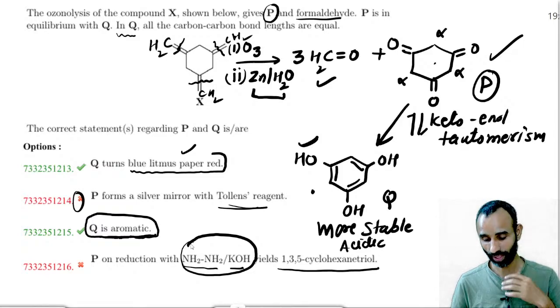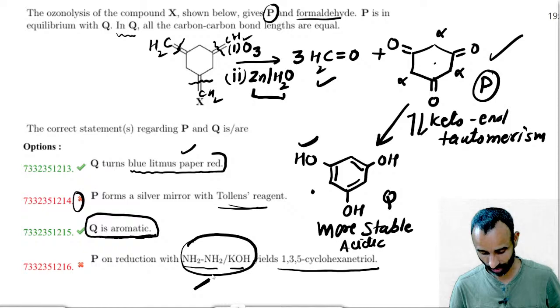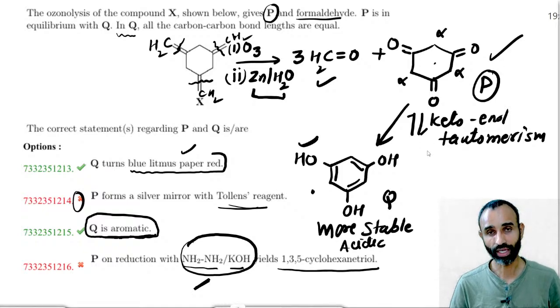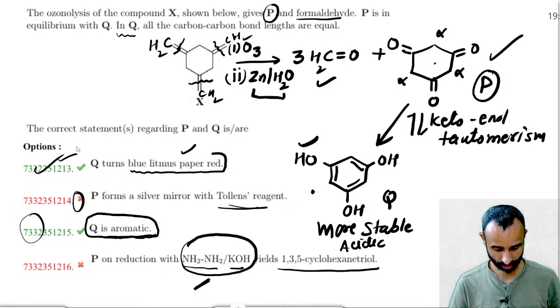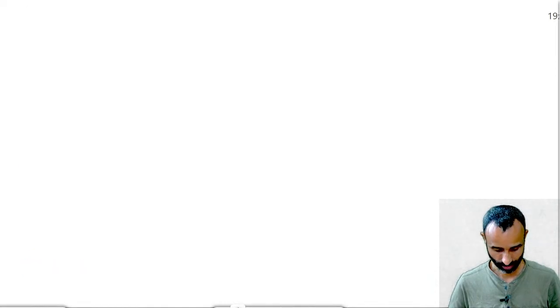If P undergoes this reaction, then we get cyclohexane, right? Yes. Okay, so that means the first and third are right. The last one is Wolff-Kishner reduction, right? Yes, Wolff-Kishner reduction.